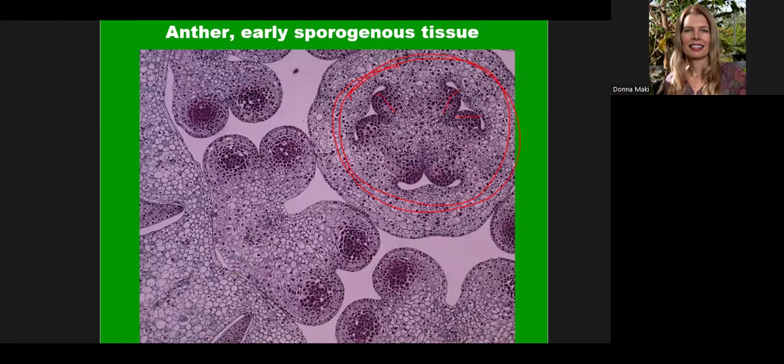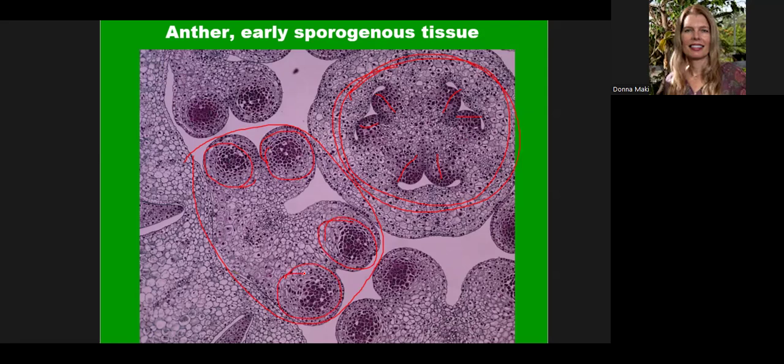The anthers are surrounding the female part, and that's a complete one. You have to imagine it going all the way around. These are the so-called pollen chambers, and that's where the pollen is going to be developing.